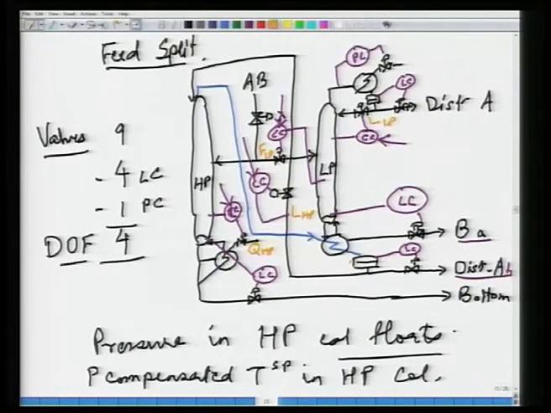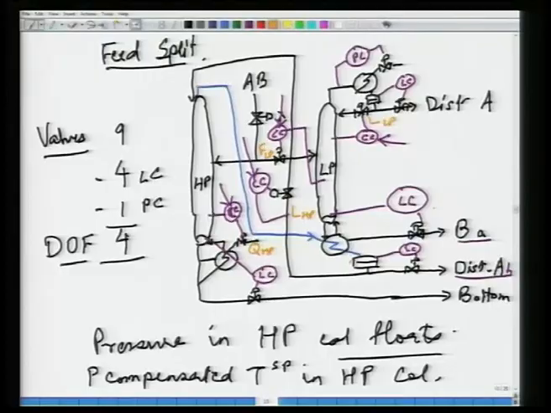So, essentially these are the 4 things that the operator can adjust in order to ensure that all the product streams, which is distillate from LP column, distillate from HP column, bottoms from LP column, bottoms from HP column, all these streams have impurity levels that are acceptable.